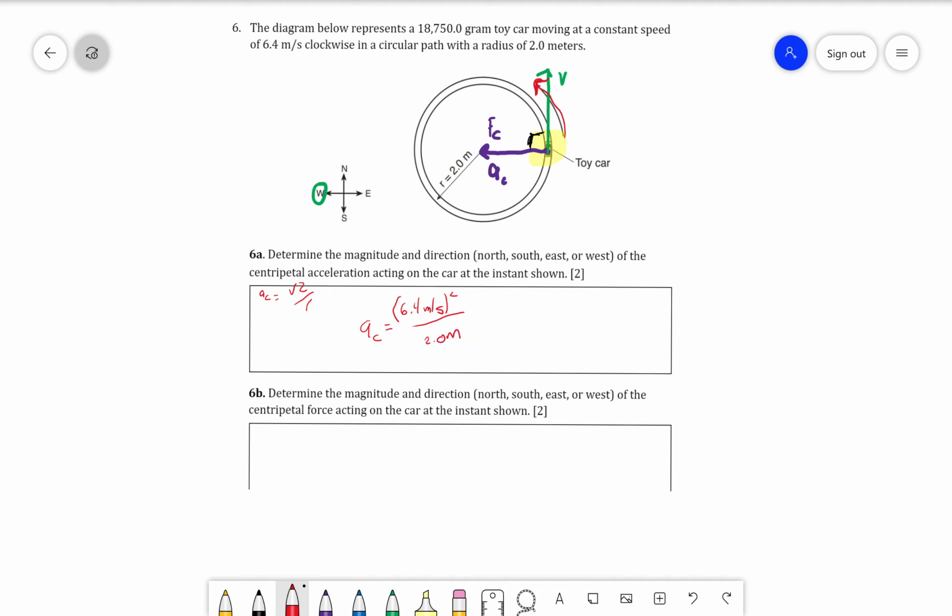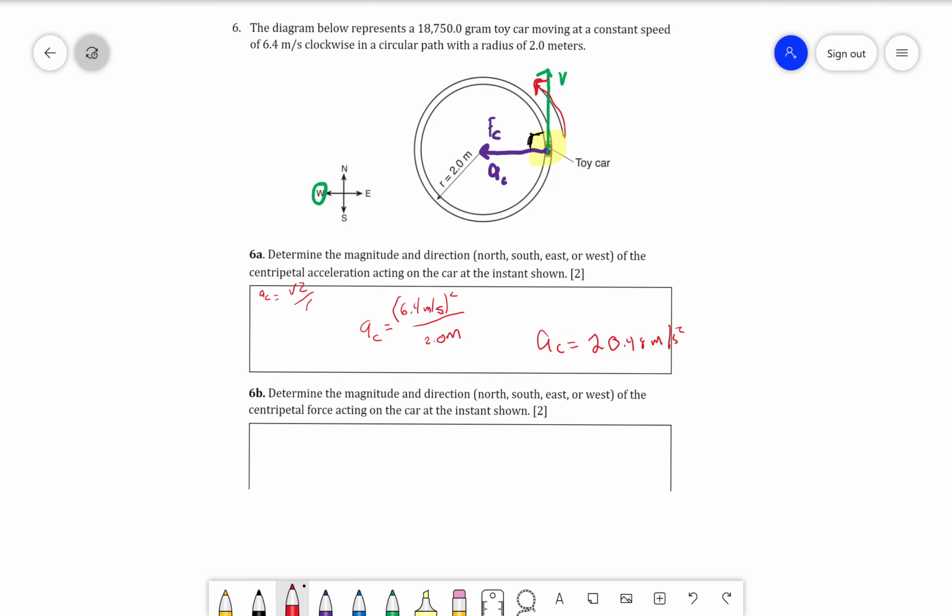Let me do that on my calculator real quick. 6.4 squared divided by 2, and what you should get is 20.48 meters per second squared.